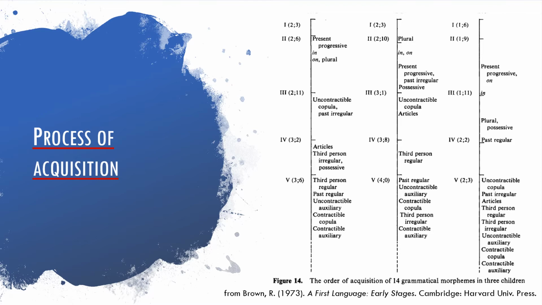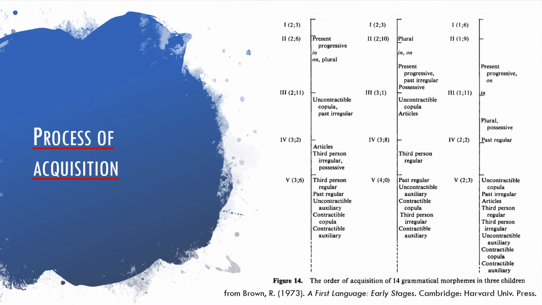You can see that the third child reported here is the fastest one, and for example it started to use the present progressive already at around 1 year and 10 months, and past regular at 2 years and 2 months. But the most important thing probably is that the order of acquisition is highly similar in all three children.